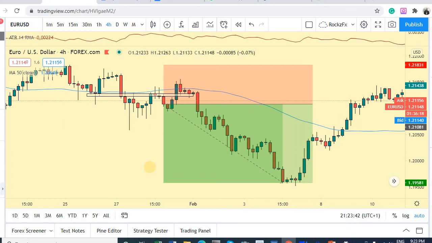While some other traders base their stop loss on a particular multiple of the indicator known as the average true range. Some other traders can use the average true range to set their stop losses.